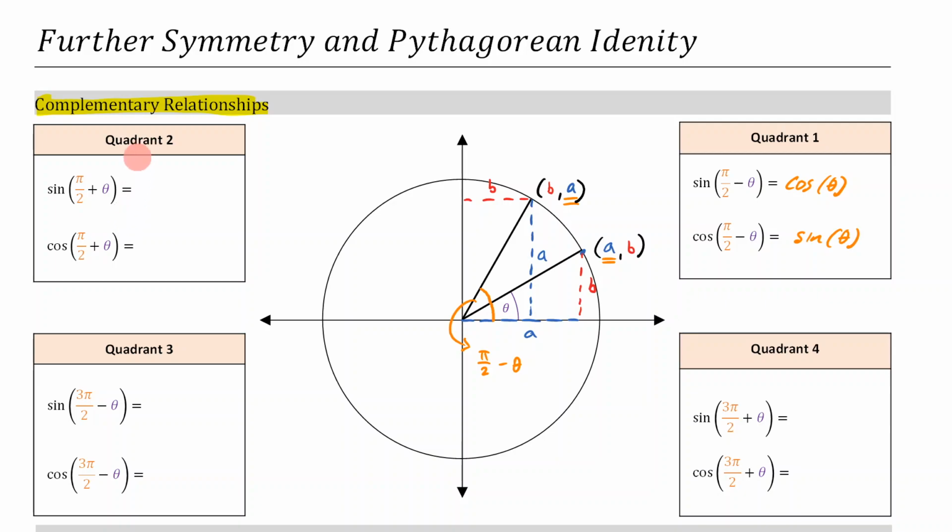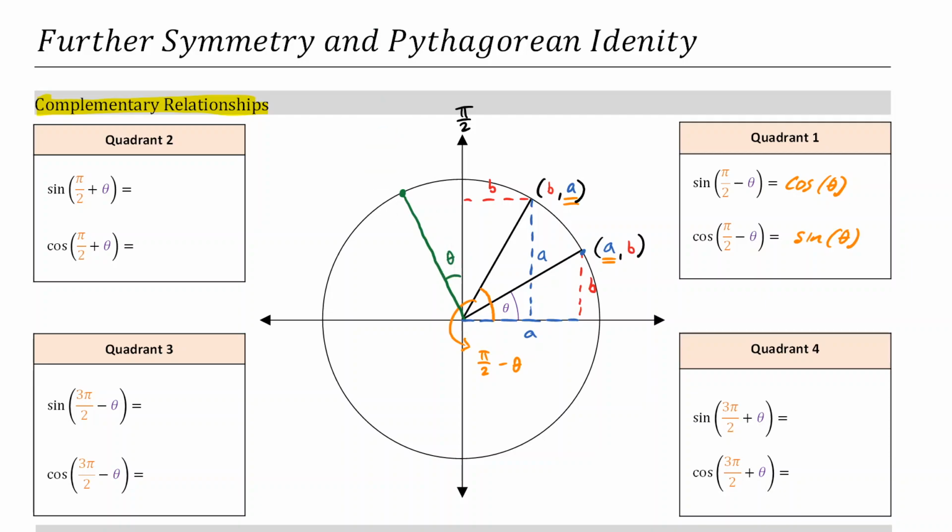Okay, let's move on to our next one here, and we're going to have to write down some definitions for the second quadrant. Well, as you can see here, I'm going pi on 2 minus theta. So let's think about where pi on 2 is. Pi on 2 is up here, right? So I've got pi on 2, and now, if I quickly grab another color, I'm adding theta to it. So I'm up here. That there is theta. So now I'm here. We won't put in all the writing again. It will just take a bit too much time, but we can just look at this and we can say a few things.